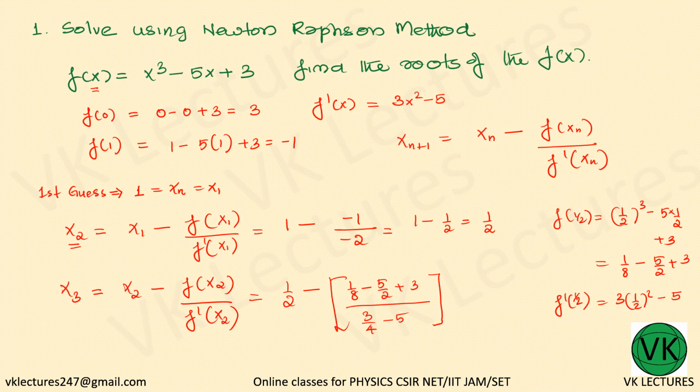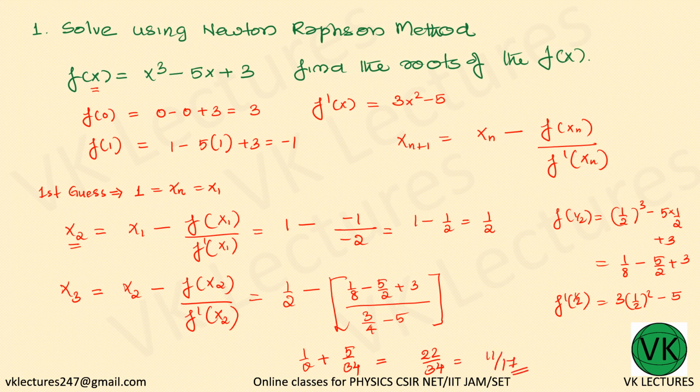So this accounts for 1 by 2 plus 5 by 34, which is equal to 22 divided by 34, or 11 by 17.